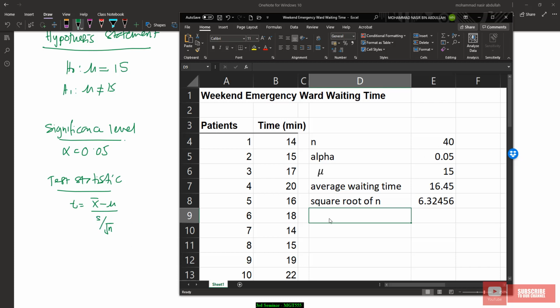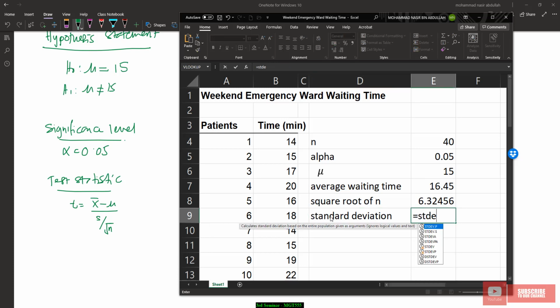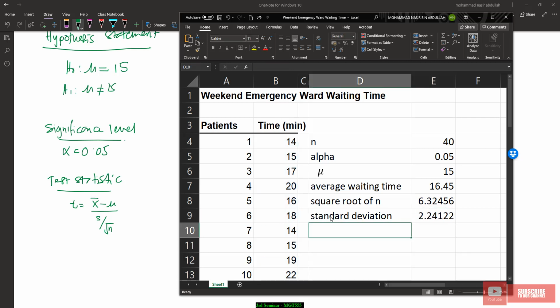Next, we need to find the standard deviation of the sample. The standard deviation of the sample, STDEV.S from B4 to B43, is equal to 2.24, right?